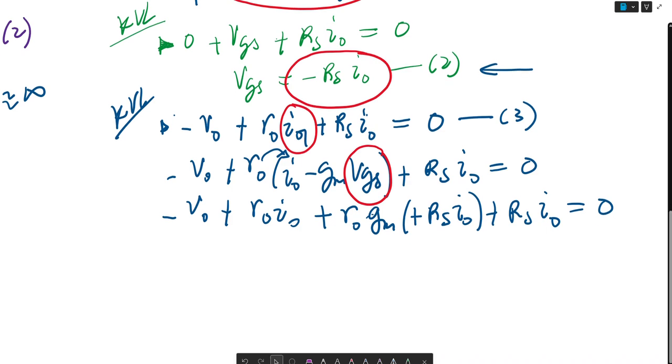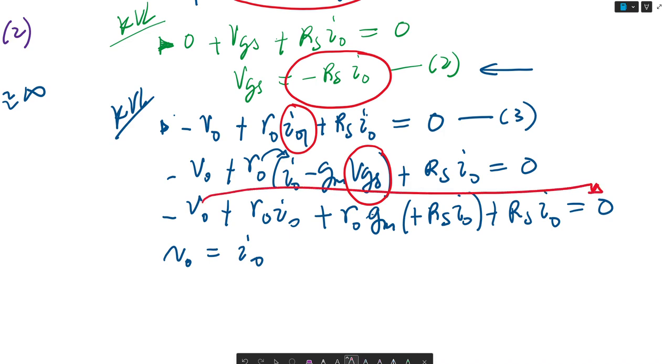So next, we can consider then that VO is equal to IO. So we're going to move this VO to the right-hand side, and then we're going to pull out IO, and we're left with RO plus RO GM RS plus RS.